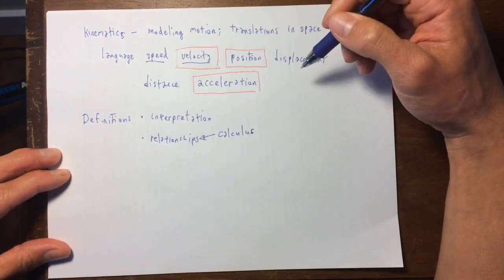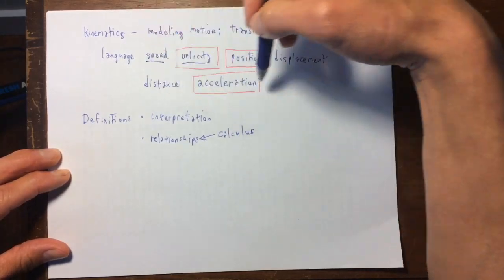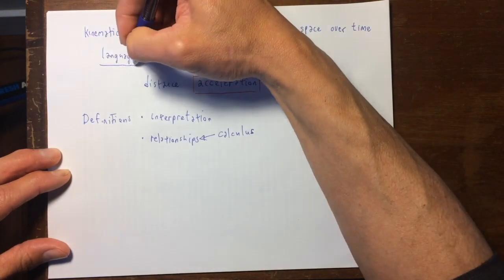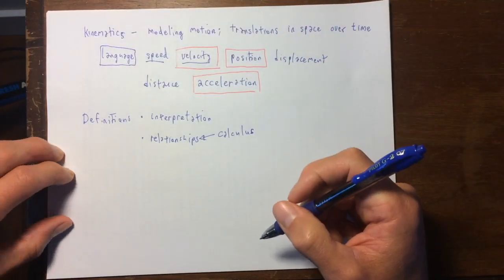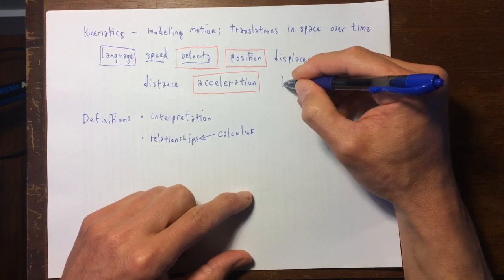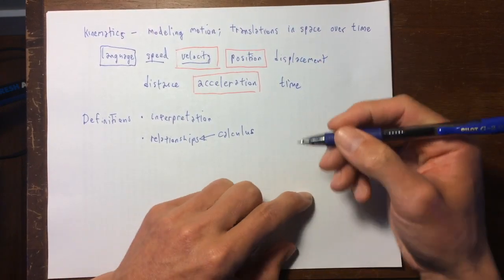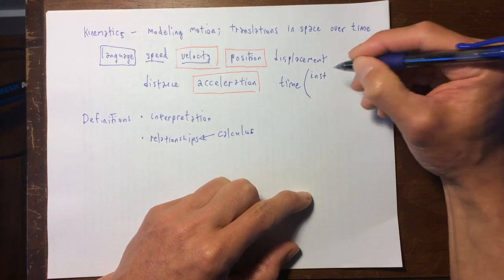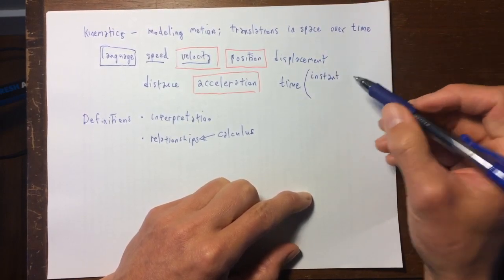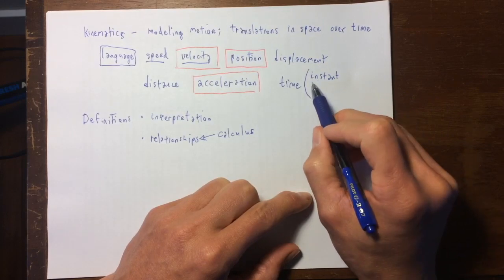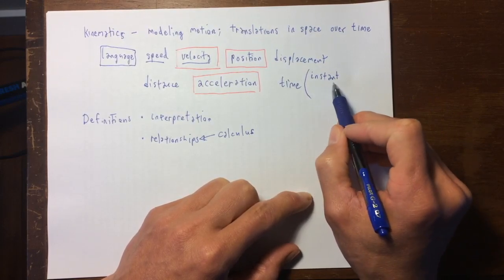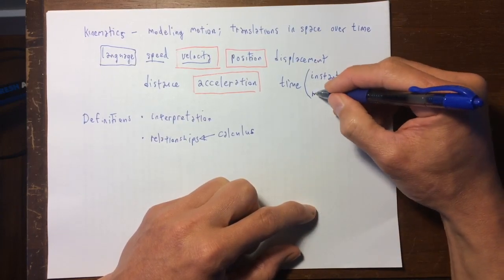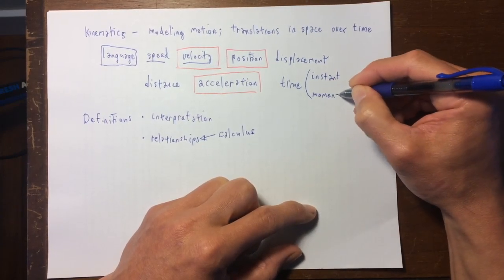I just realized that there is another super important word up here that I should list in this language, and that word is time. When you think about time, I think there are two ways to think about it: on the instant, and also these moments in time.